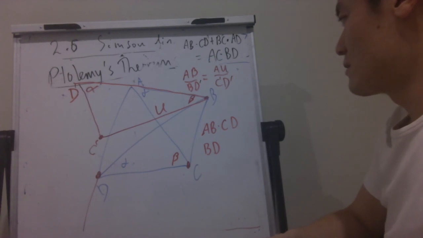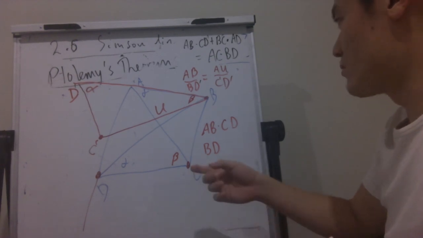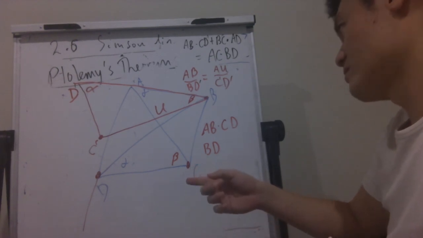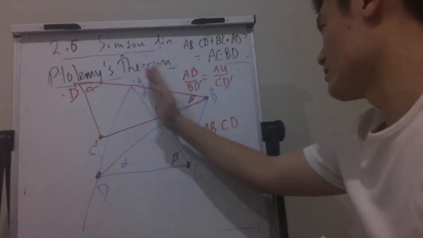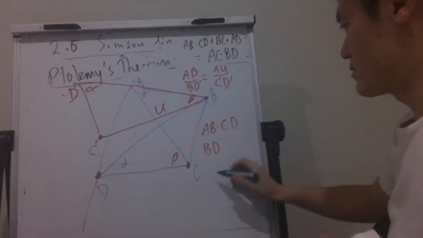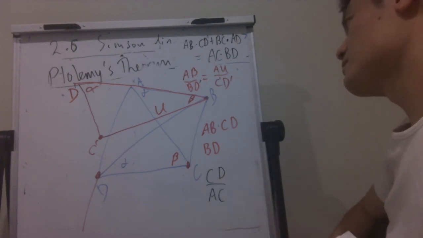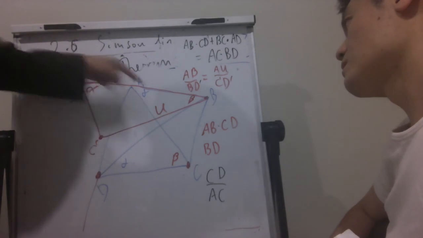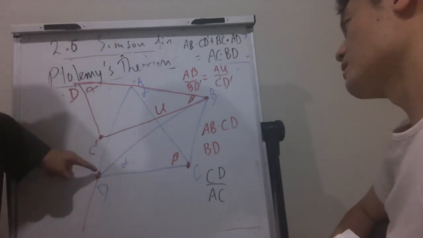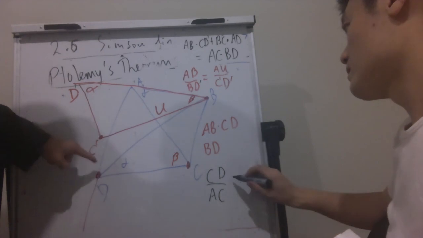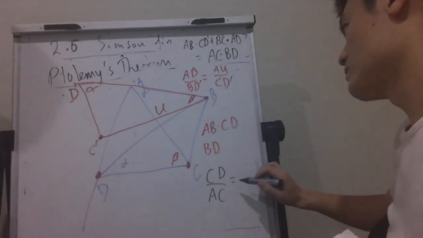So we need basically the same relation, but for the other diagonal. So maybe it's CD on AC, AU, right? What triangle is AU prime? Maybe we rotate this one down to here. So then you have this sort of thing. That's equal to UC.